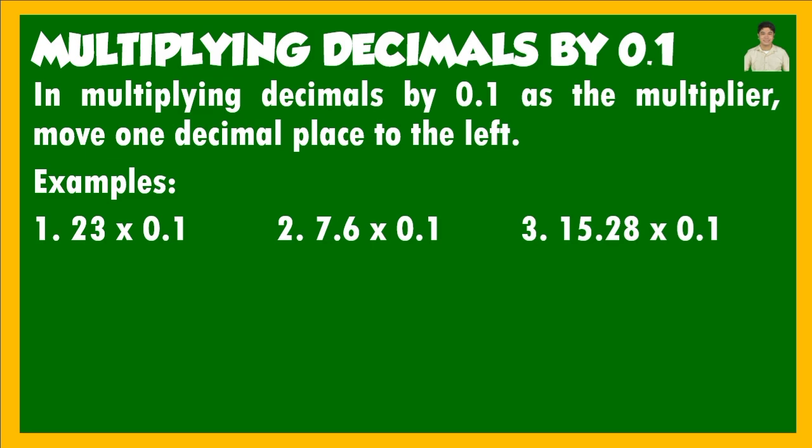So, like for example, 23 times 1/10 or 0.1. So, yung 23, sulat lang po natin siya. And then, mag-move daw po tayo ng 1 decimal place to the left. So, mag-i-start tayo dun sa 3, papuntang left. Ayan. So, our final answer here is 2.3.